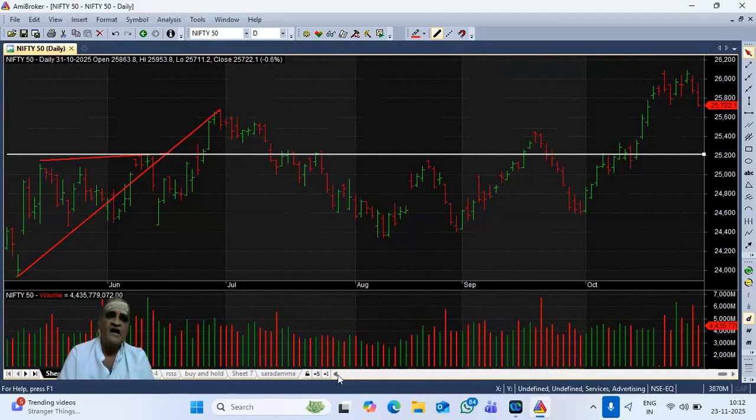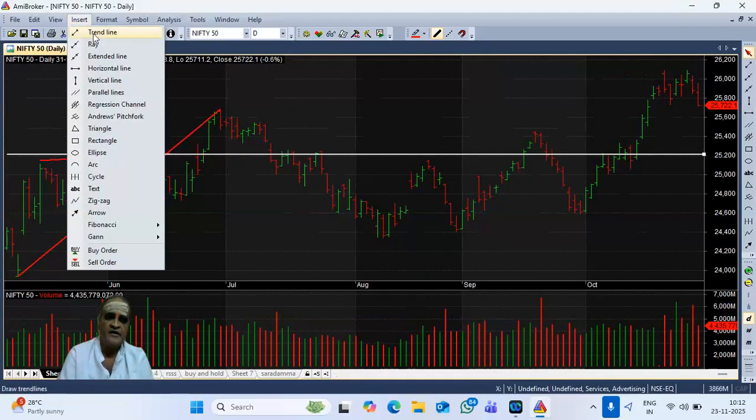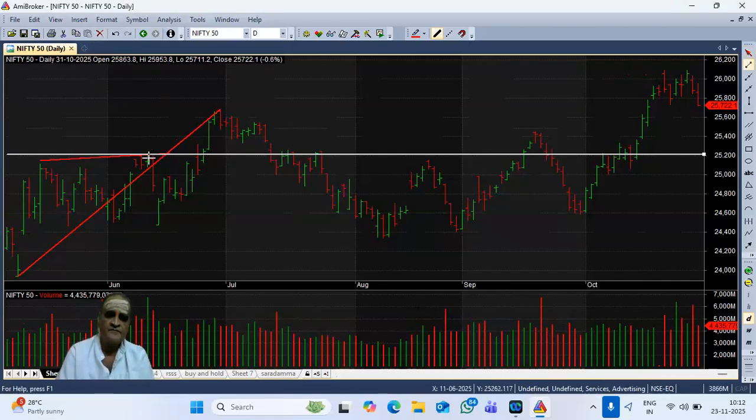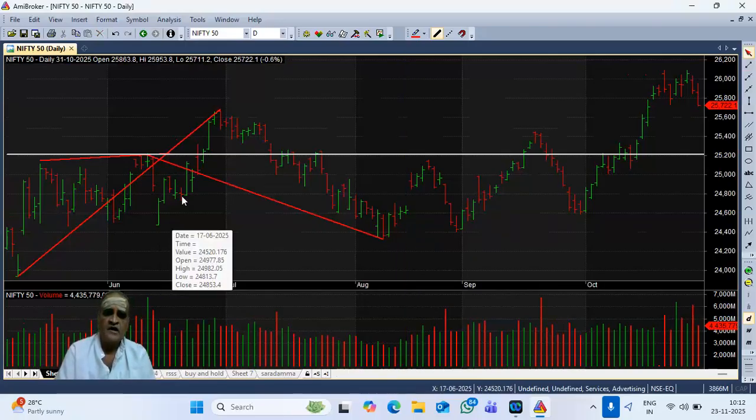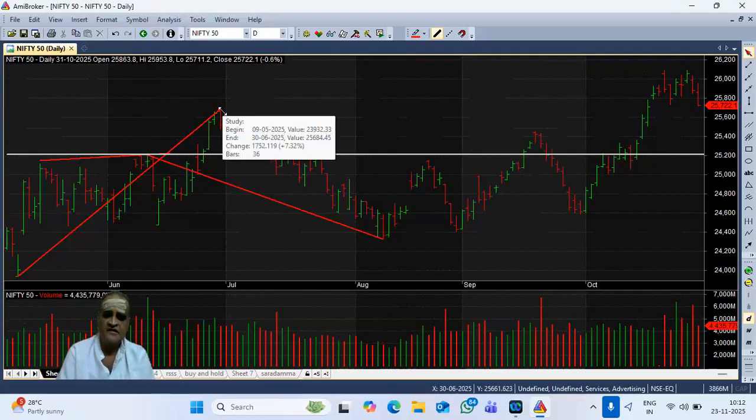And in the same way, I will connect another high to another low. Here we have a high. I will connect it to this low here, and I leave this low, and I take this high, and I will try to connect the high to the next high.